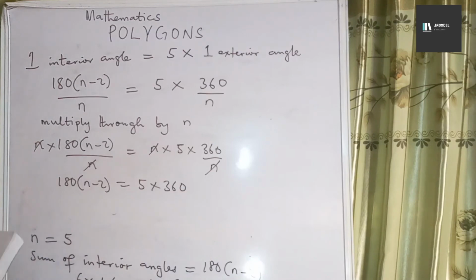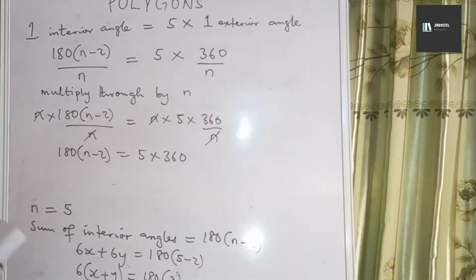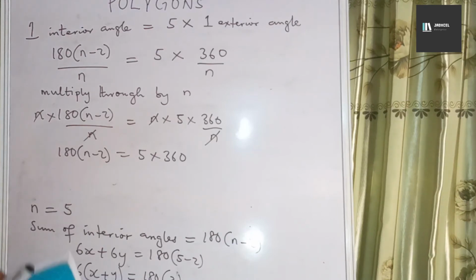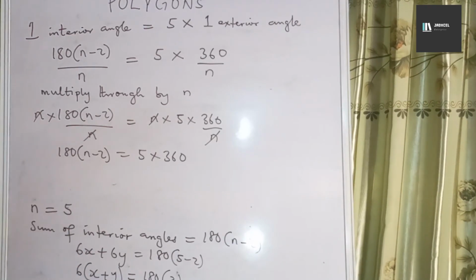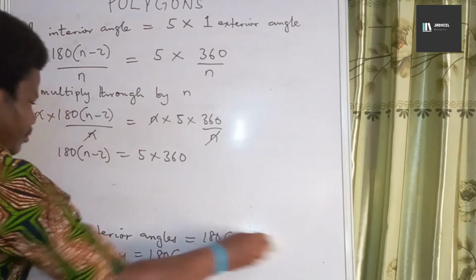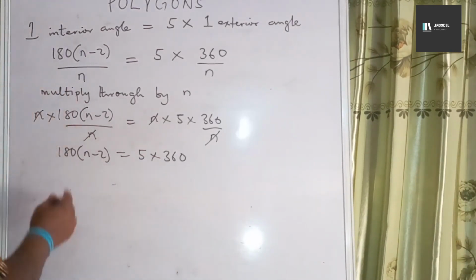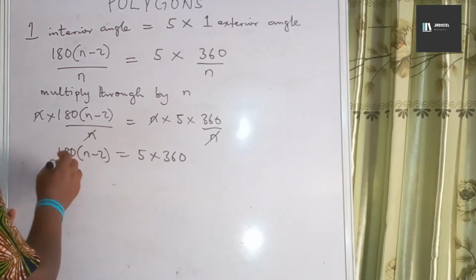What are we asked to do in that question? We are asked to find the number of sides of that polygon, that is, what is our n. So we can further divide both sides by 180.